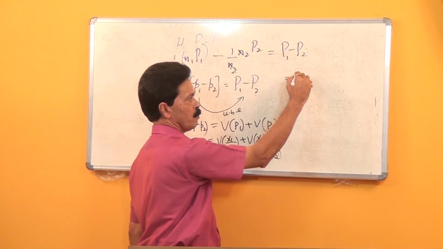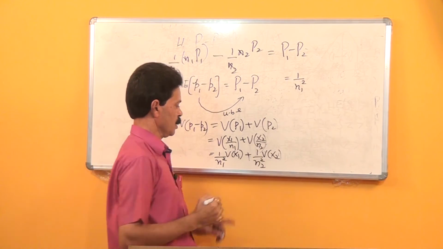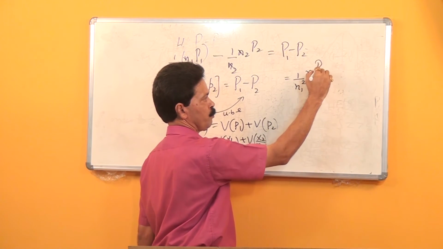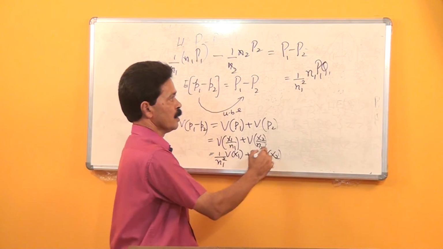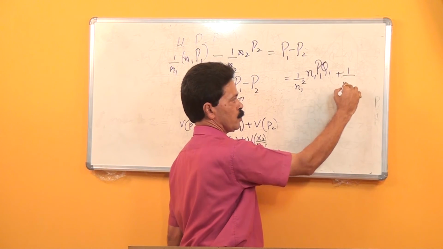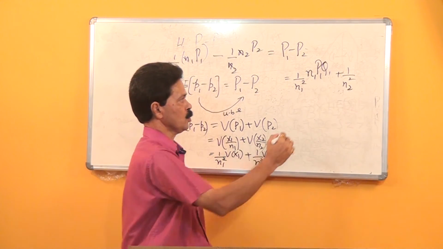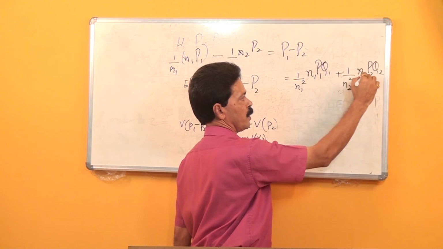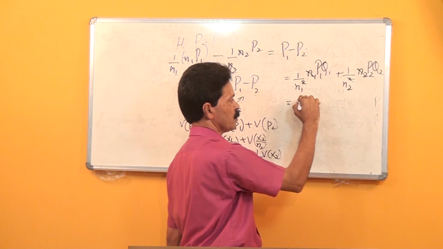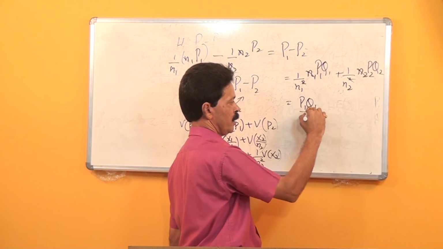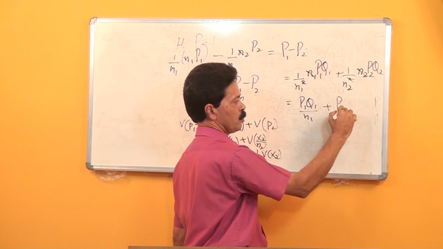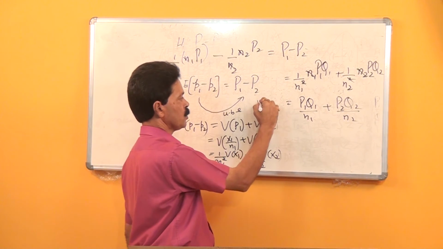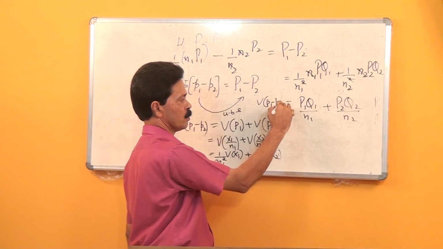That is equal to 1 over n1 squared times variance of X1, which is the variance of the binomial distribution, n1 p1 q1, plus 1 by n2 squared times variance of X2, which is n2 p2 q2. So the n2 cancels, the n1 cancels, and what remains is p1 q1 by n1 plus p2 q2 divided by n2. So this is the variance of p1 minus p2.